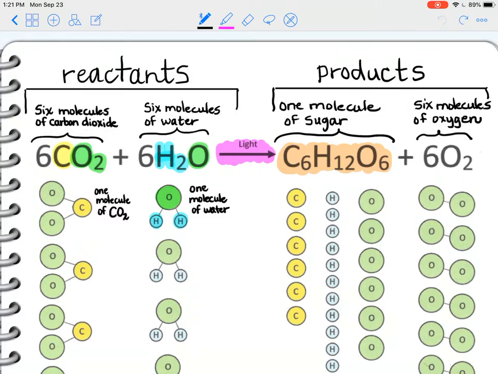When plants produce sugar, they release oxygen as a byproduct. They don't need it, so they put it out into the atmosphere. That's why we need plants, because they help to produce the oxygen that we need to breathe. So this byproduct, even though the plants don't need it, we do. So they're putting that back out there for us to breathe. We rely heavily on plants.